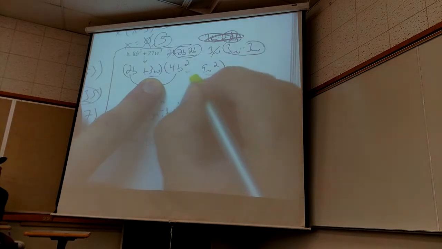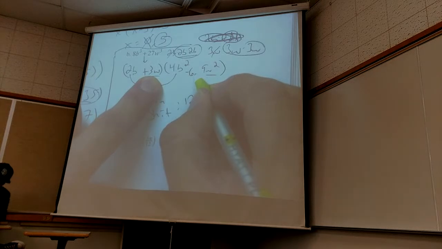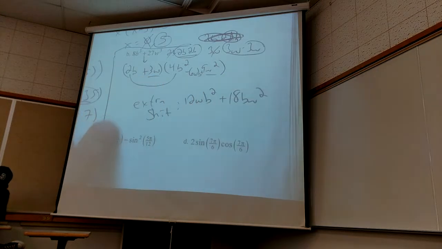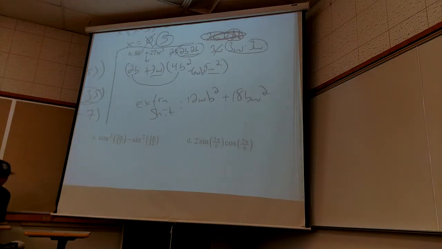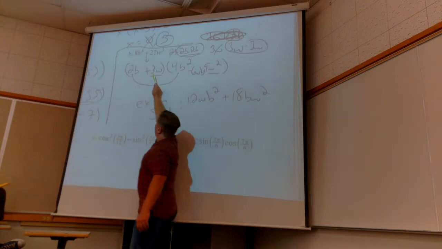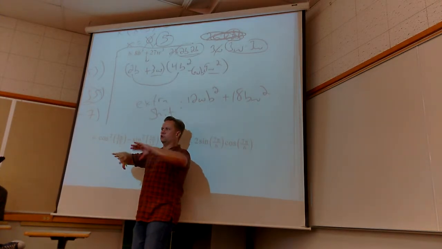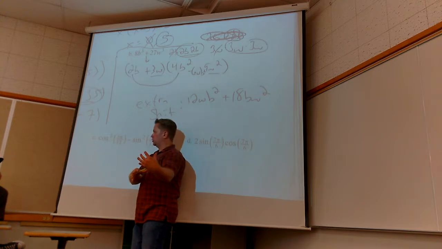So it would be negative 6. And then it needs one more w and a b. I didn't give myself enough room. So the shortcut is the middle dude, opposite sign, this times this. That will always create the terms that will kill the other terms you don't want.